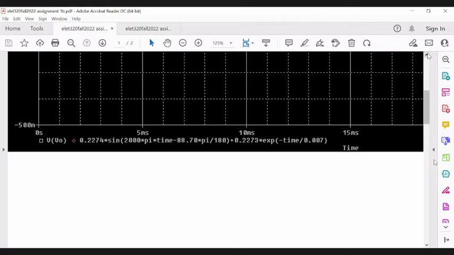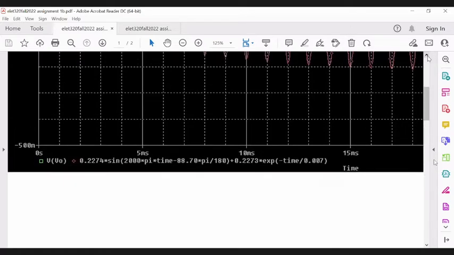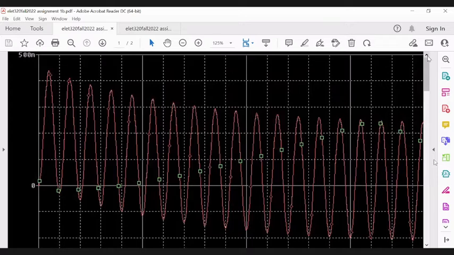Just type in the equation. If you're using version 9.1, you can do this. If you're using some other version, I can't help you. But there's no reason why you can't be using version 9.1. Any other questions?